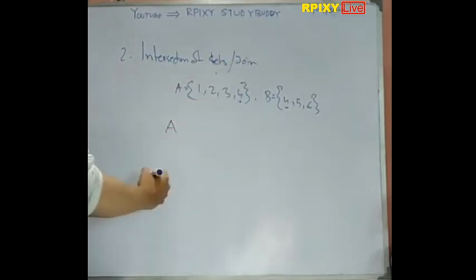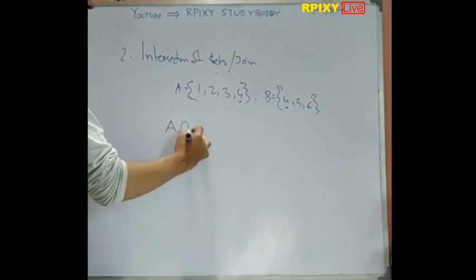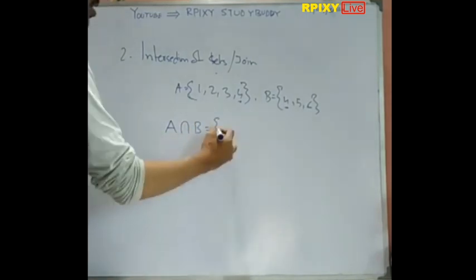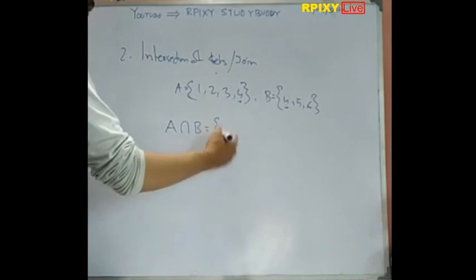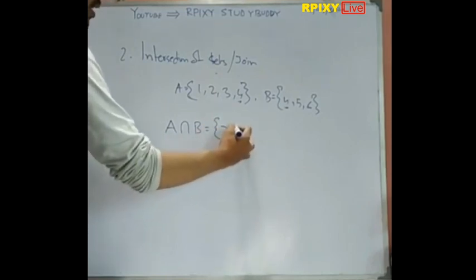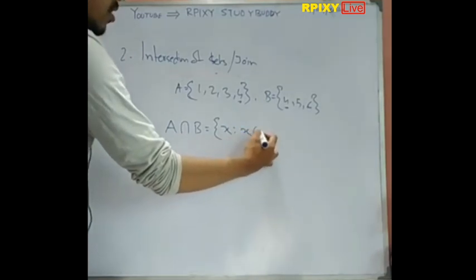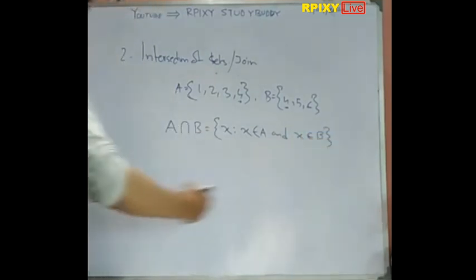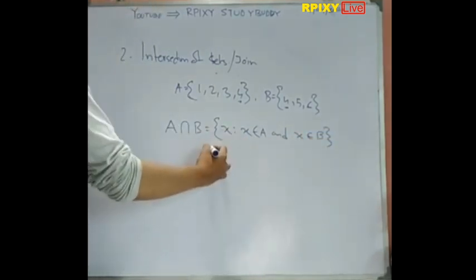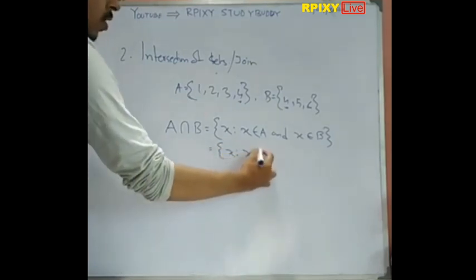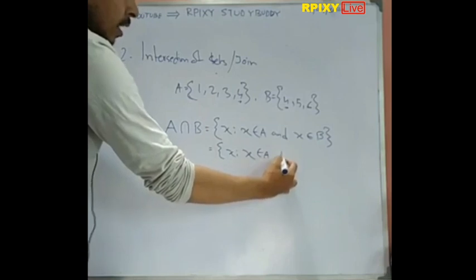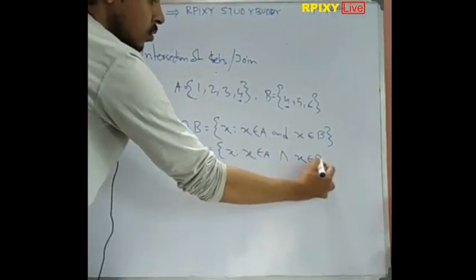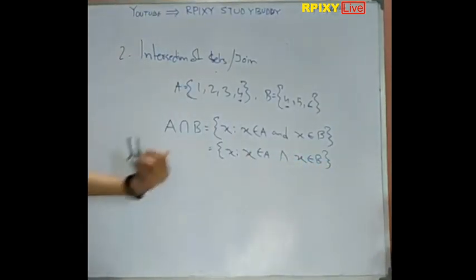Okay, in that case we will write in that way: A intersection B. This is a set whose elements, if I write the property in property method, you can write it in that way: X such that X belongs to A and X belongs to B. This is the AND symbol. Okay, now see the definition.